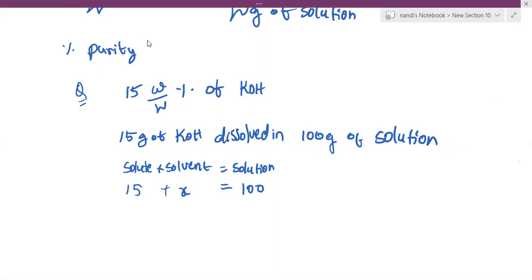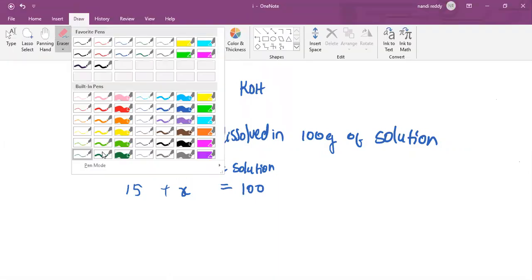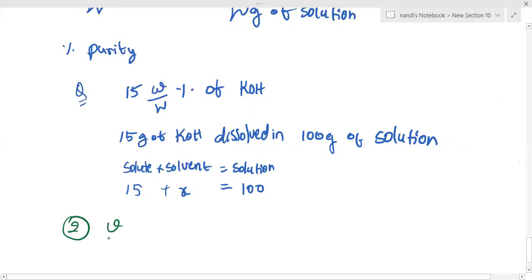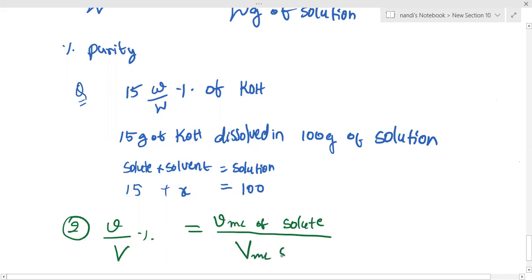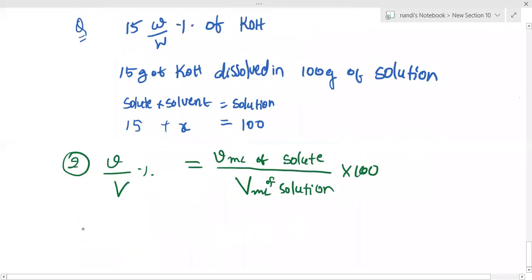Next, second method, sir. V by V percent. By looking at this percentage, you can write that the above one is solute: V ml of solute dissolved in capital V ml of solution, into 100. So for example, 25 V by V percent of C2H5OH.